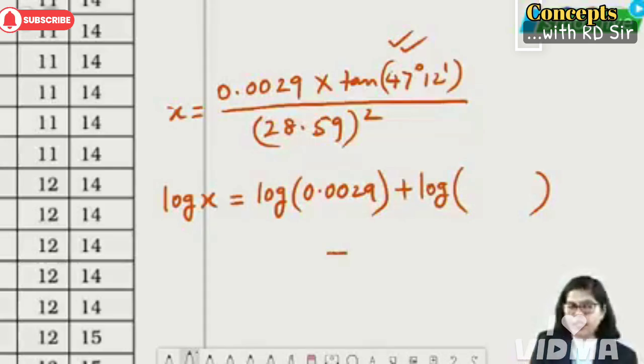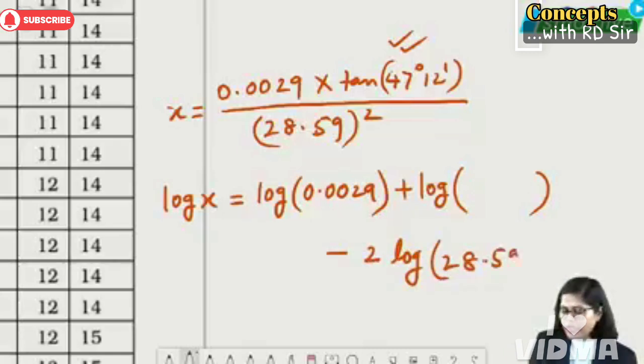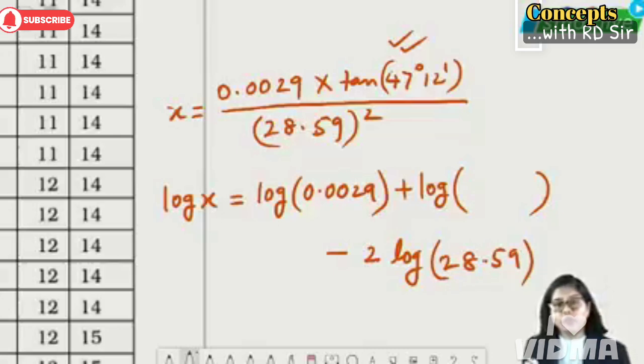Then minus, and as the power is there, 2 log of 28.59. So this is how we have to solve. Here you are going to find the value of 47 degrees 12 minutes from the natural tangent table, right? And then you can solve it further and find the antilog. This is how you can solve when the questions are mixed with tan and the numbers.